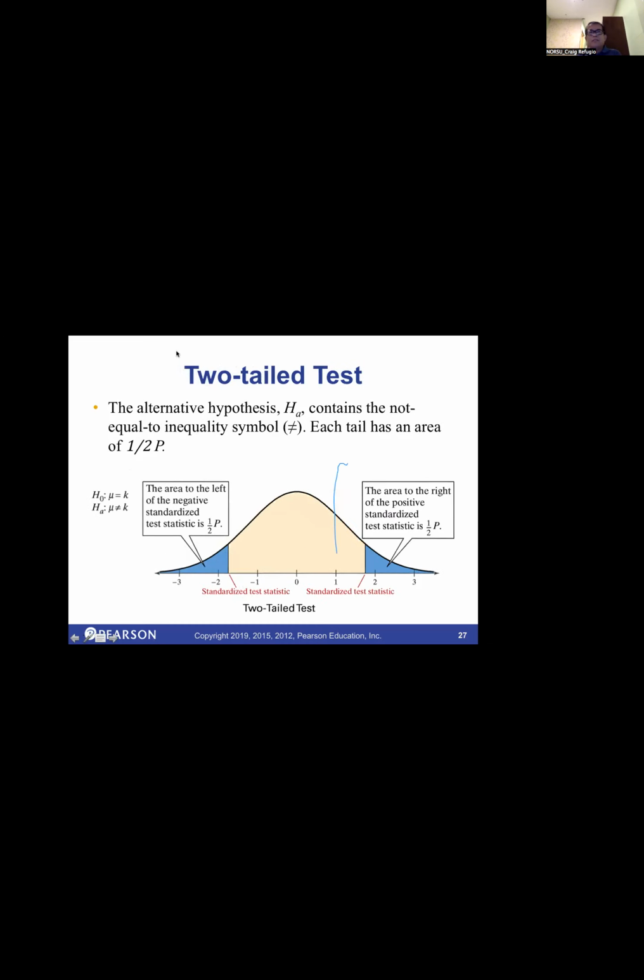Then we have the two-tailed test. Again, our basis is the alternative hypothesis.